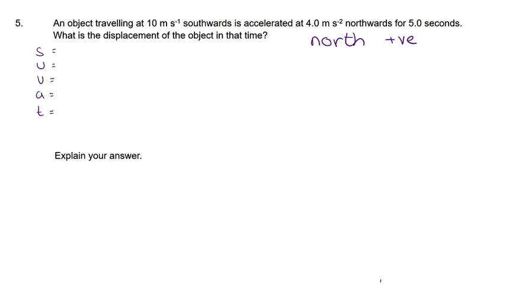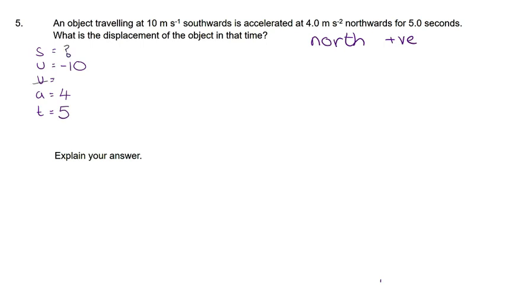Okay, an object travelling at 10 meters per second south. So our initial velocity is 10, but it's in the southerly direction, so negative 10. Accelerate at 4 meters per second north, so that's a positive acceleration of 4 for 5 seconds. What is the displacement? So S is our question mark.